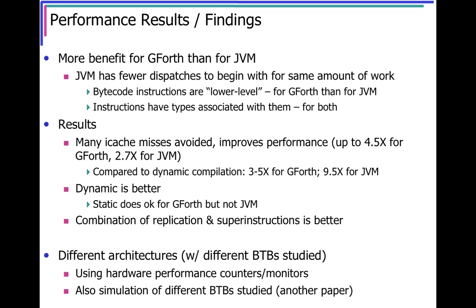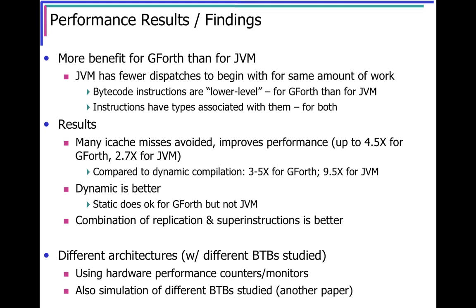That is, because Gforth instructions are lower level and very fast, more time proportionally in the overall execution is spent in the dispatch loop. Therefore, if we optimize a dispatch loop, we will have more of an impact on Gforth, and that's what the results show.